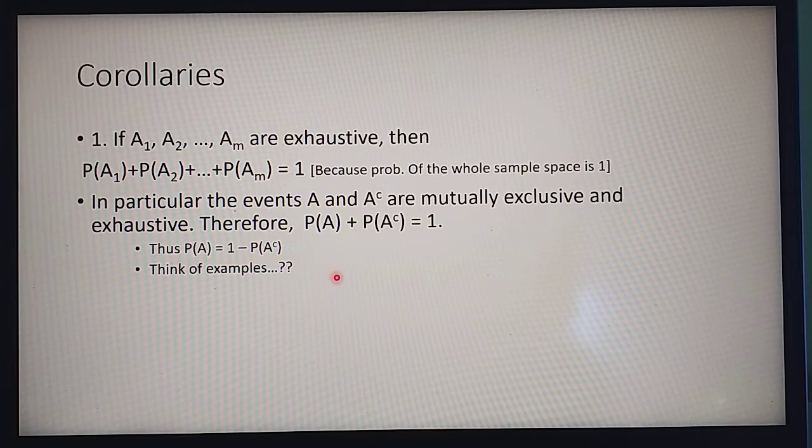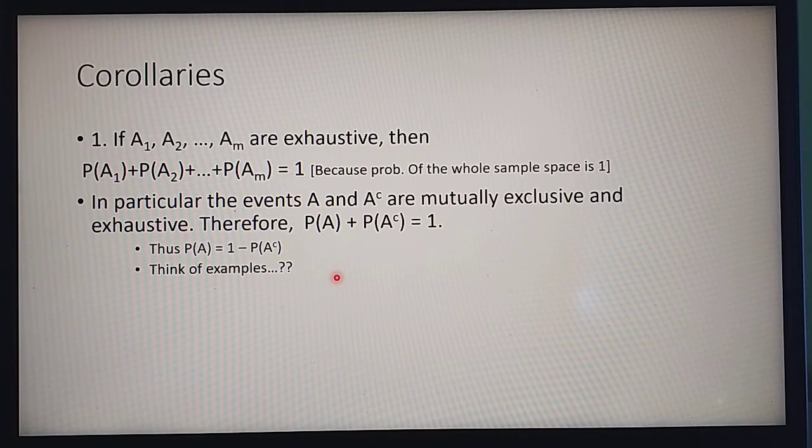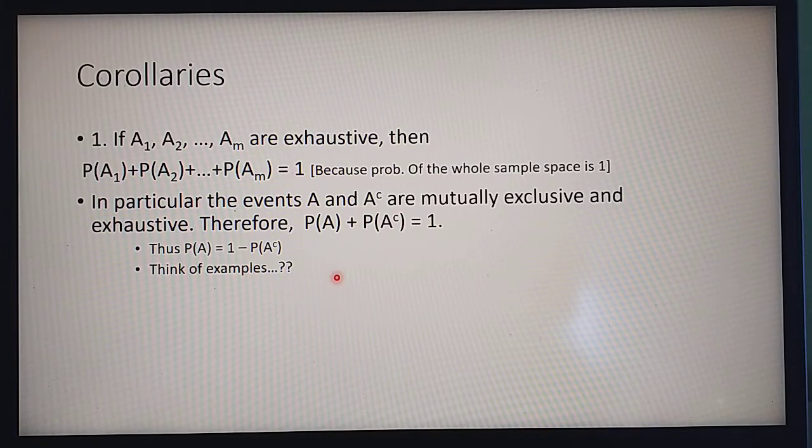For example, in the case of throwing a dice, suppose A is {1, 2, 3}, then A complement will be {4, 5, 6}. Similarly, P(A) is 3 by 6, that is half, and the probability of A complement is also half. So half plus half is 1.